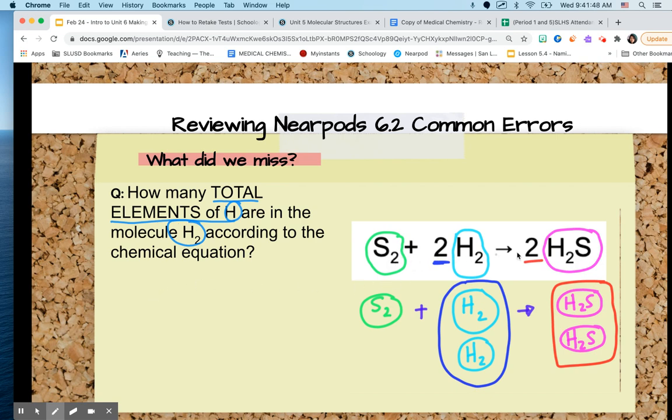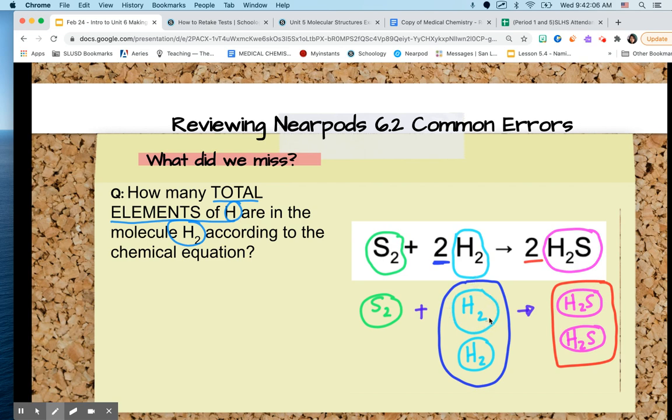So of these 4 molecules that I circled in green, light blue, and pink, this one is H2, right? So it's asking me how many H's I have in H2.